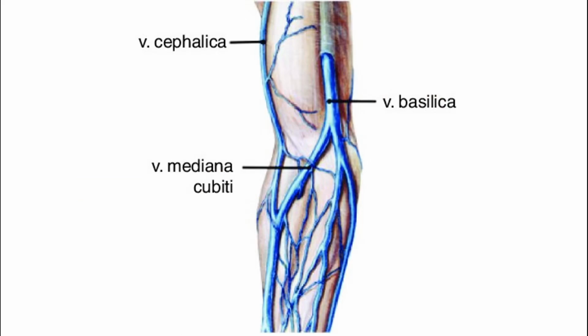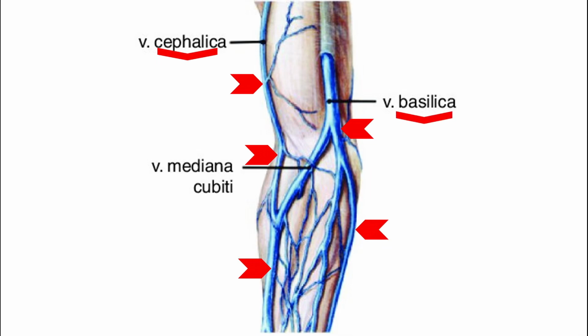Here we have a situation where inferiorly we have the forearm and superiorly we have the arm, and we can see that this is the cephalic vein, and on the medial side we have the basilic vein, but in front of the cubital fossa we have a vein connecting these two superficial veins, and this vein receives a name that is descriptive of its position.